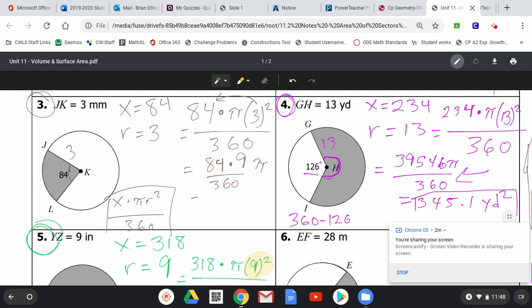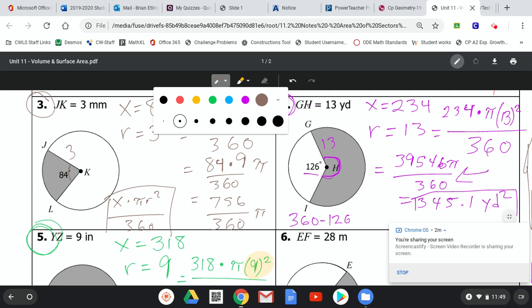So we're left with 756 over 360 times pi. All right. Now, we just have to simplify that fraction. You guys can just use your calculator. You can go old school and divide by 2 and keep going. However you want to do it is fine, but we have to simplify that fraction, 756 over 360.